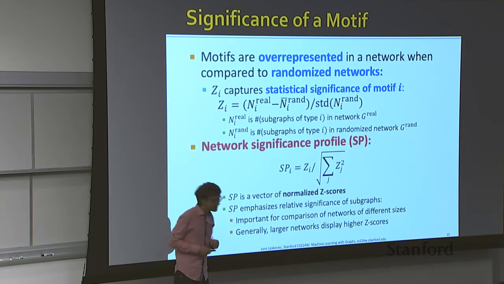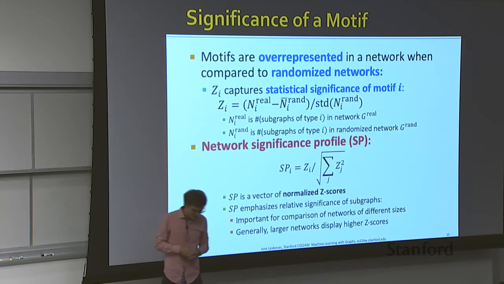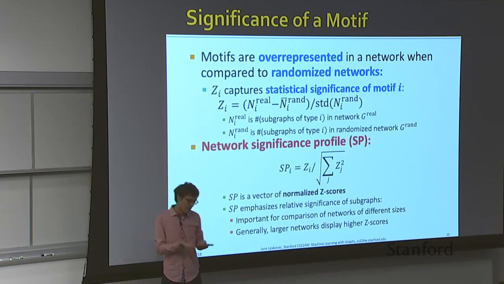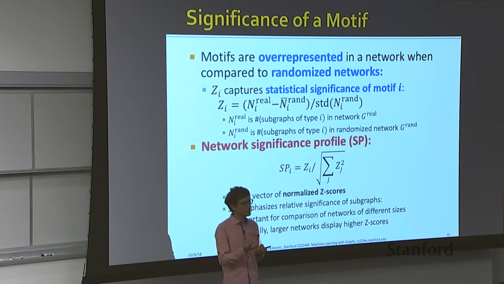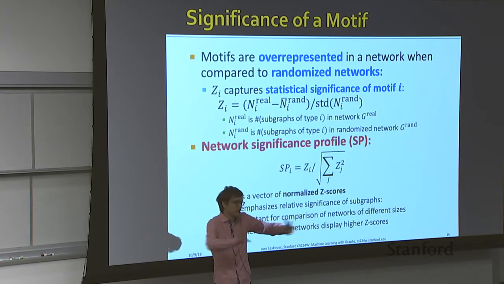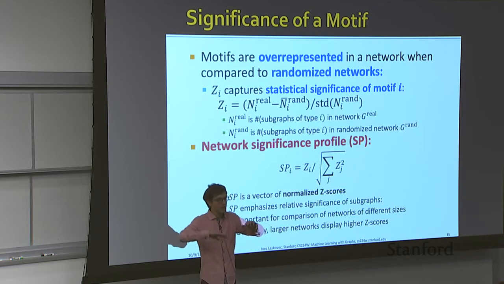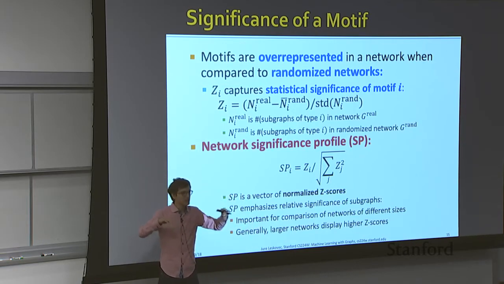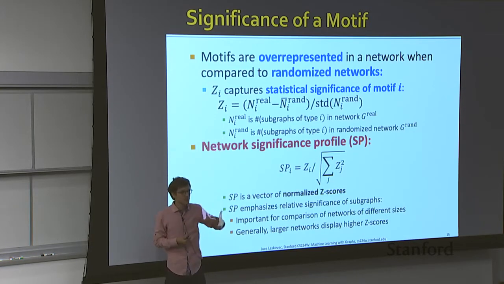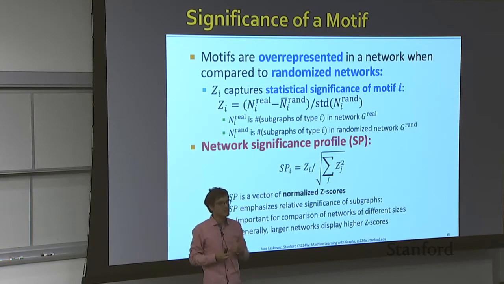Oh yeah, slide 10, but I'll explain it here. Okay, so the point is the following. In these networks, the number of times a motif occurs will depend a lot on the size of the network, right? Bigger networks should have more instances of the motif, and it will also depend a bit on the density of the network. So the reason why we compute significance this way is because it abstracts that away.